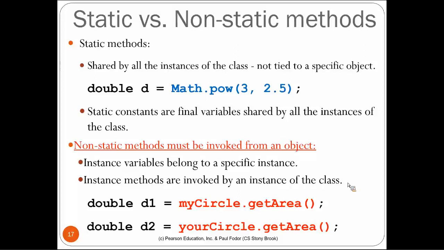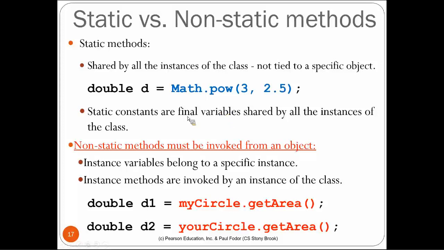They are shared by all the instances of the class. They are not tied to any specific object. And we can invoke them either directly with the name of that method from the same class, or with the name of the class preceding the static method. So for instance, for the power method in the Math class, we would use Math.pow of 3 and 2.5. It raises 3 to the power 2.5.